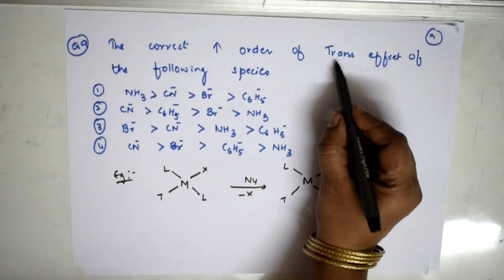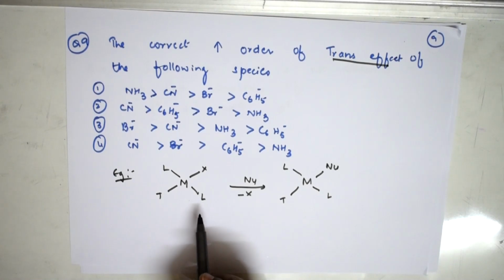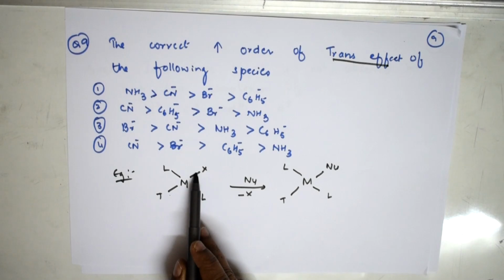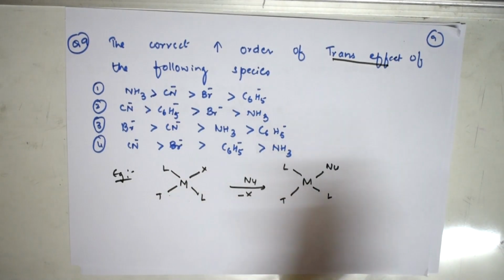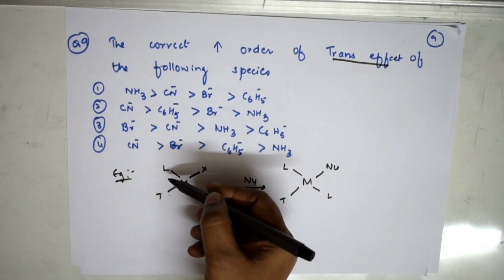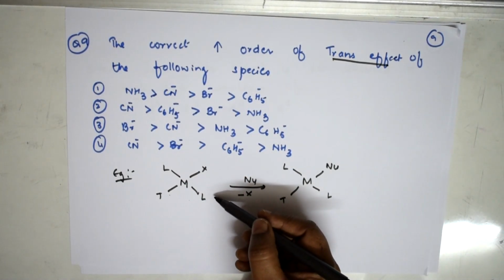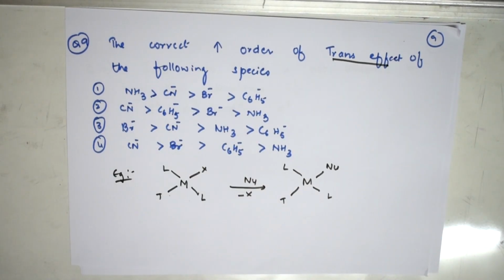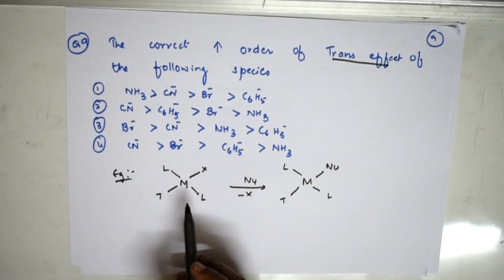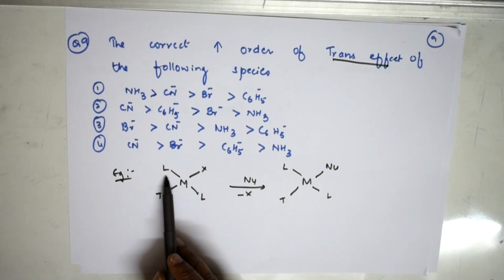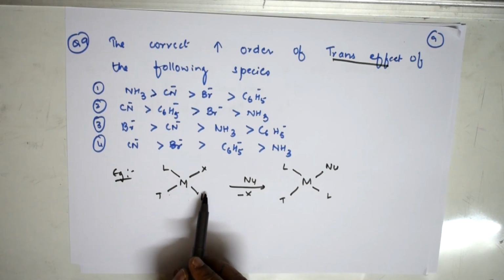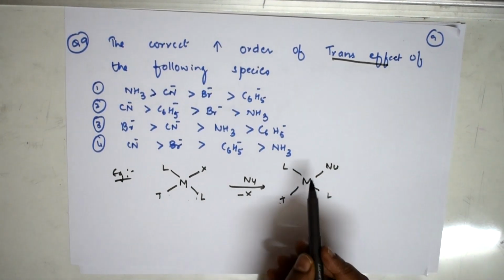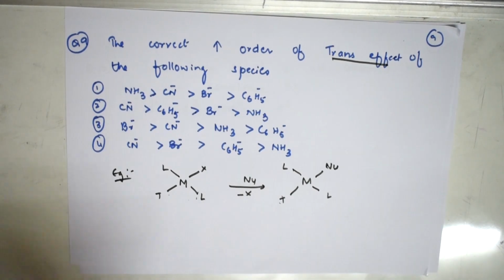Trans effect is the effect of the ligand where I'm comparing one ligand to the other ligand which is in trans position. So, how do we define trans effect? It is the effect of the ligand over the rate of substitution of another ligand in the trans position.